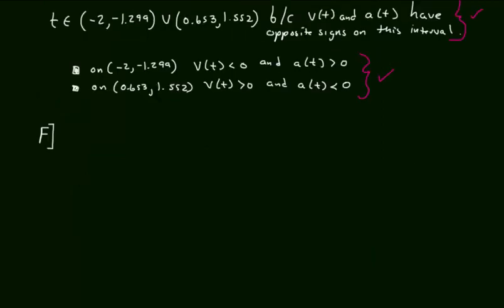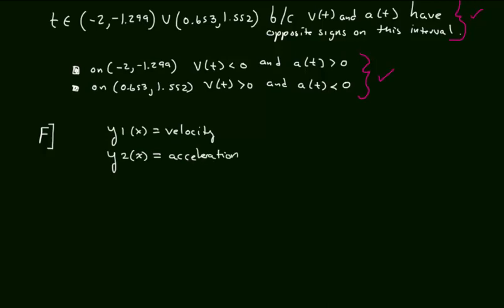Part F. This is more of a technology thing. The question wants to know what are the velocity and acceleration at time t equals 0. Well, we already have this defined in our calculator. The velocity is y1, and the acceleration was y2.